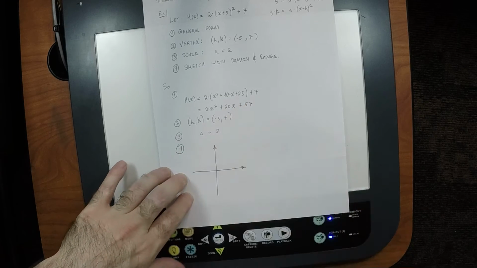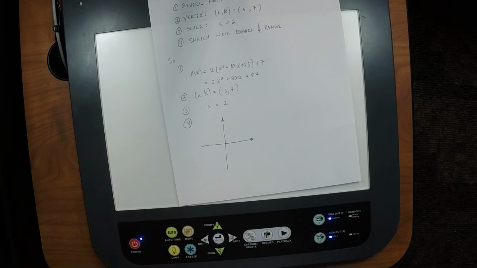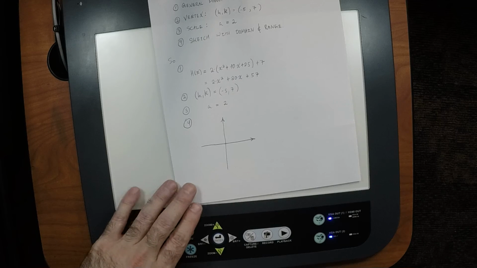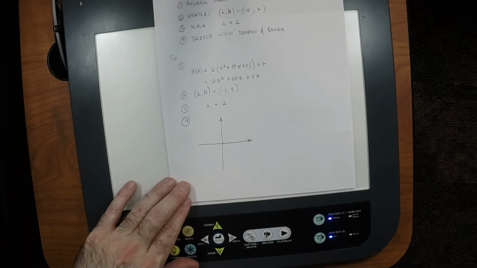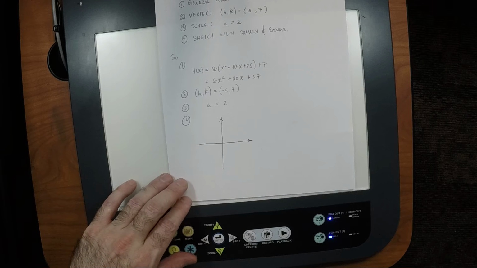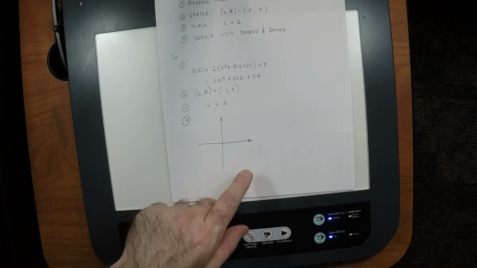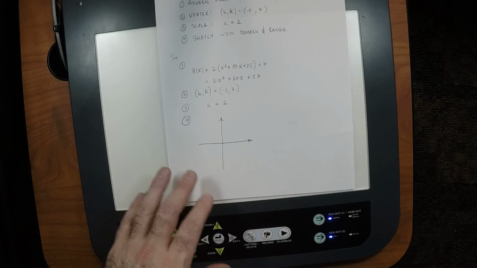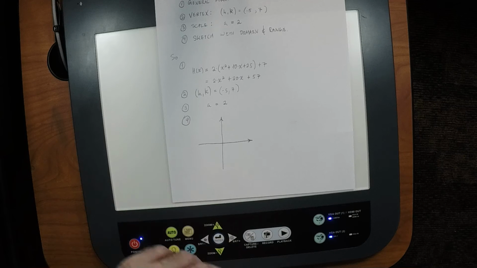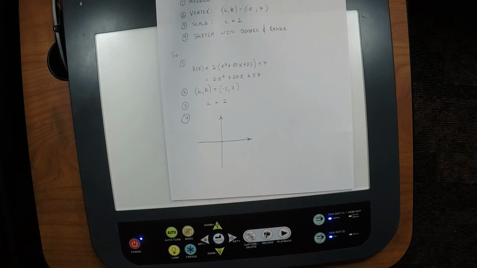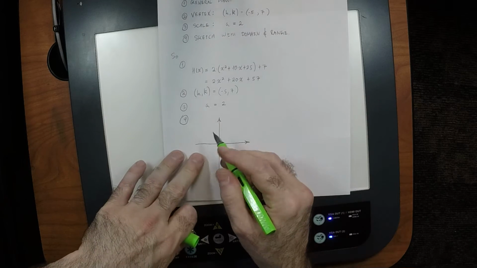Well, we're not asking you to be an artist. The main thing is that you definitely have your vertex in the correct quadrant, at least. So in which quadrant is the vertex? So left or right? Left. And top or bottom? Top. Right. So it'll be there-ish. So Quadrant 2, it is.